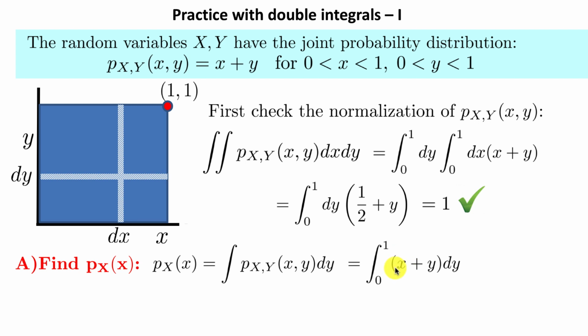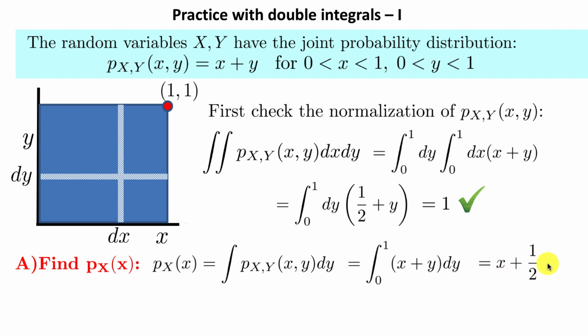When we integrate this term, x is just a constant so far as y is concerned, and so we will get y between 0 and 1, which gives 1. When we integrate this, we get y squared over 2, and that's between 0 and 1, and so of course we get x plus a half.